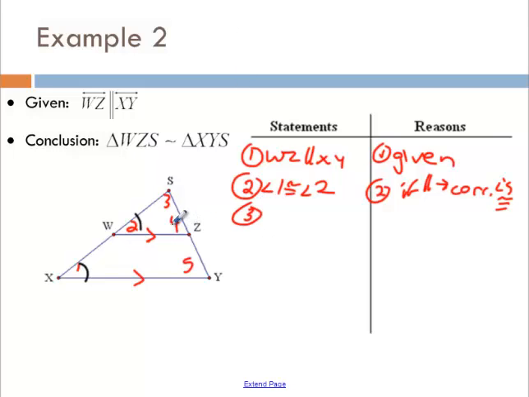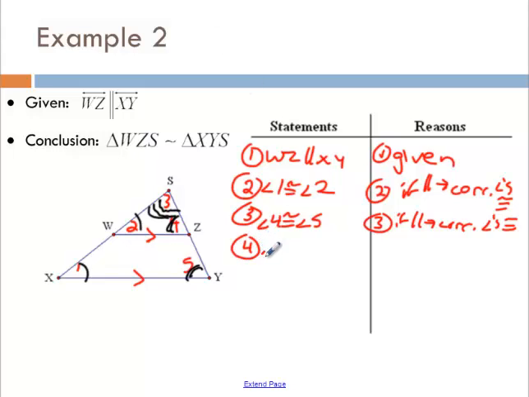Step 3, I'm going to say angles 4 and 5 are congruent. And that's by the same reason. If parallel, corresponding angles are congruent. And let's mark those. Now I don't need it, but I'm going to say that angle 3 is congruent to angle 3. And that step is reflexive.